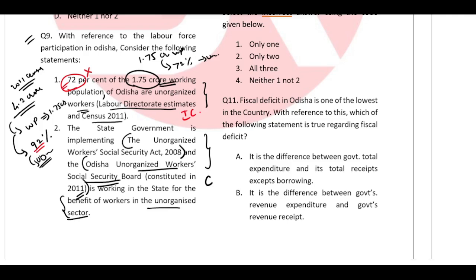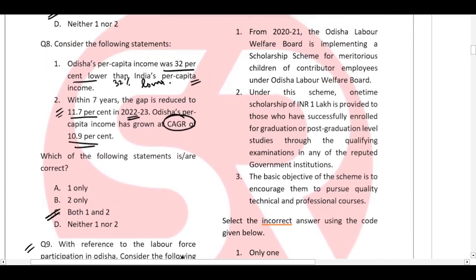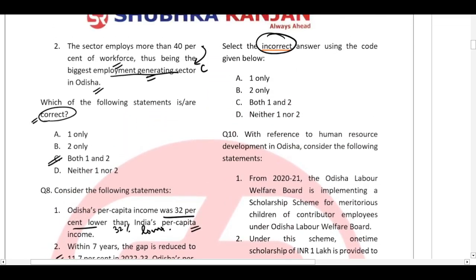So this statement is correct. If we go back to the options, the question is asking which of the following are incorrect. So only statement 1 was incorrect. So the correct answer is option A for question number 9.